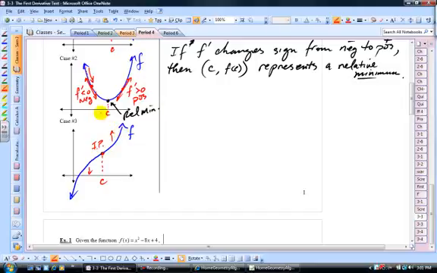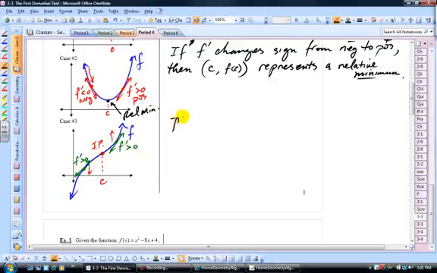And notice that no matter where you draw your tangent line, like right here, and right there, F prime is positive. And then right here, F prime is positive.